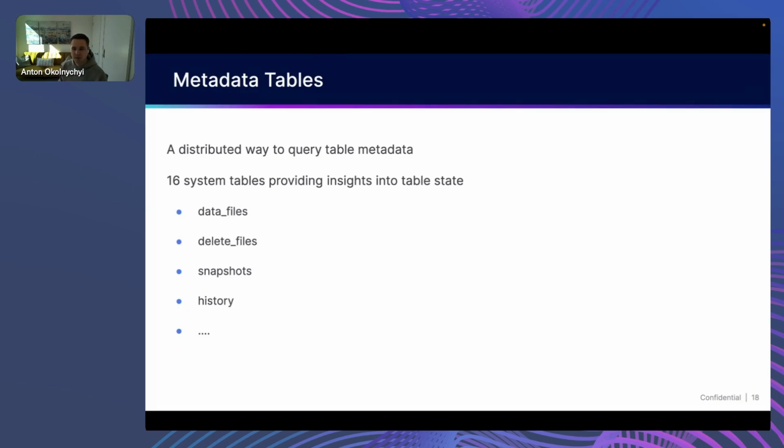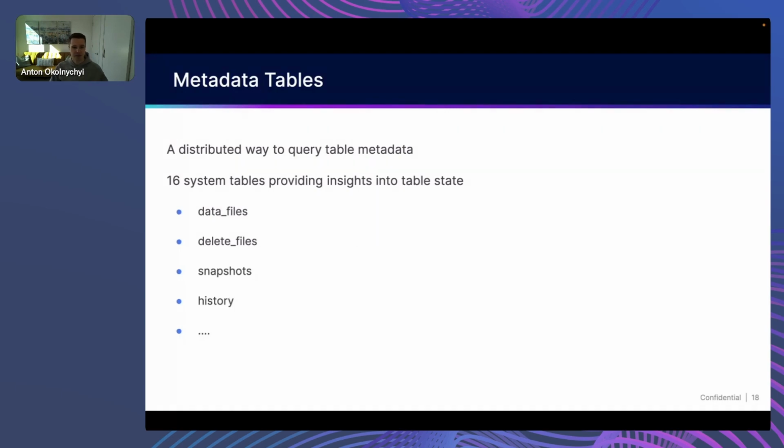We also added support for metadata tables, which is a distributed way to query your table metadata. It is a really powerful feature that allows you to build a lot of services related to table management. Overall, there are around 16 tables at the moment, and they provide insights into different aspects of your table state.